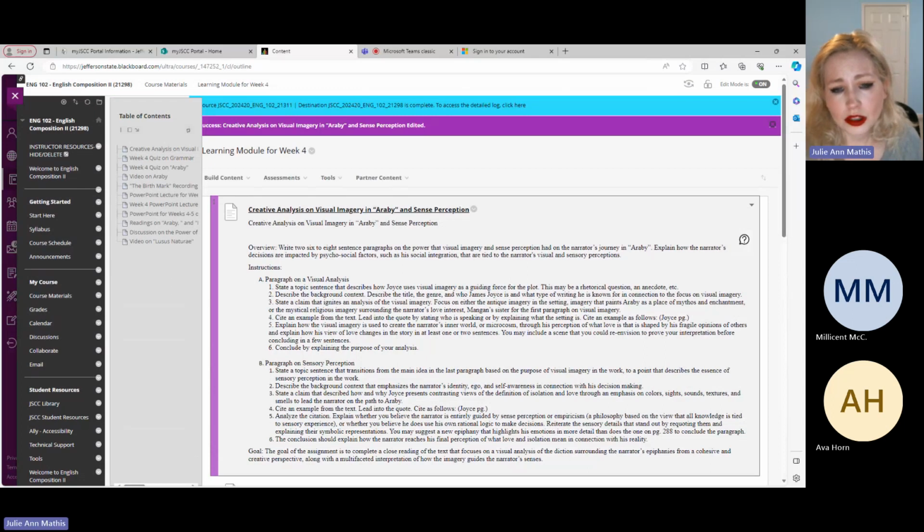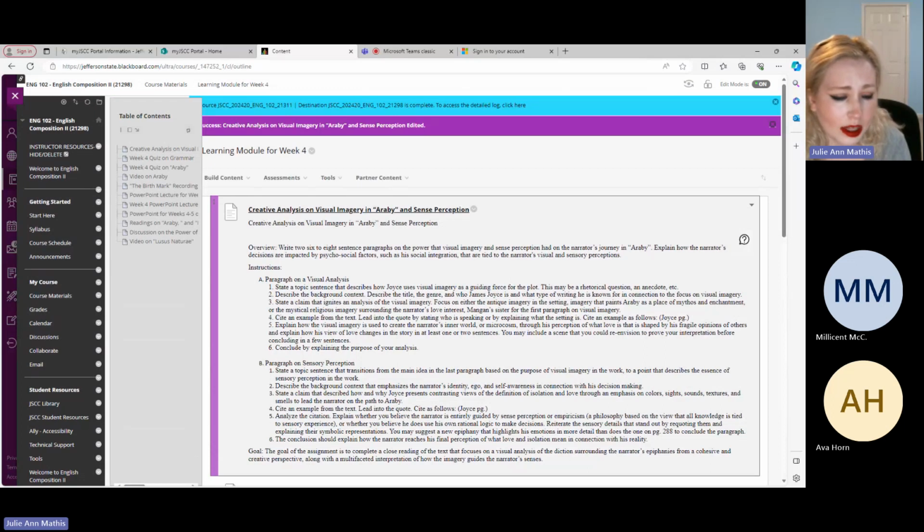And then, like I said, there's a lot of good visual imagery, and you have even the dichotomy of the light and the dark. It's sort of like Faulkner, because there's a lot of emphasis on how things appear, and that has a lot of symbolic meaning. You could focus on the antique imagery in the setting, imagery that paints Araby as a place of mythos, or any of those types of things.